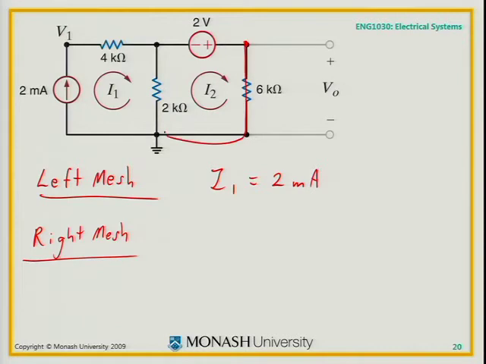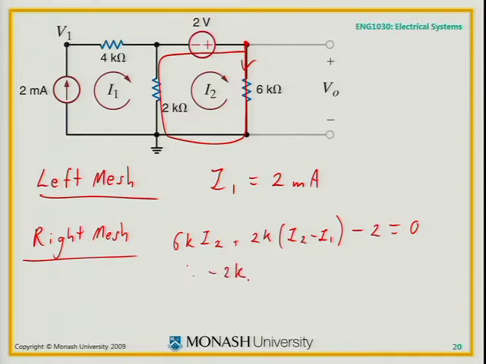I'll start there, go around like that, and get 6K I2 plus 2K times the current up through the 2K resistor, which is I2 minus I1. I hit the minus first, so that's minus 2 equals 0. Therefore, minus 2K I1 plus 8K I2 equals 2.